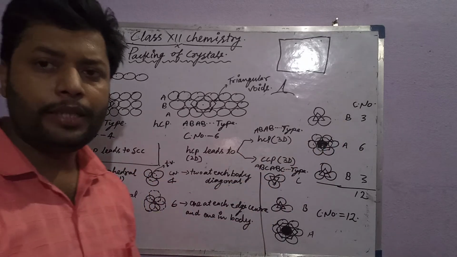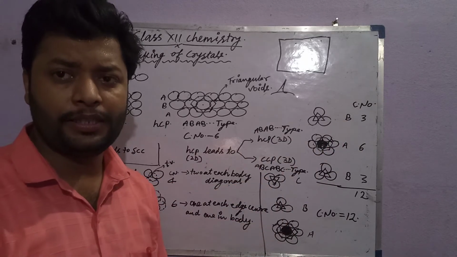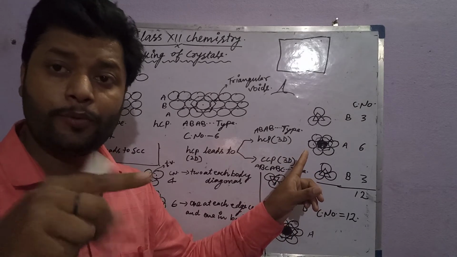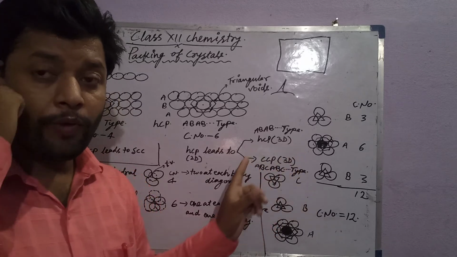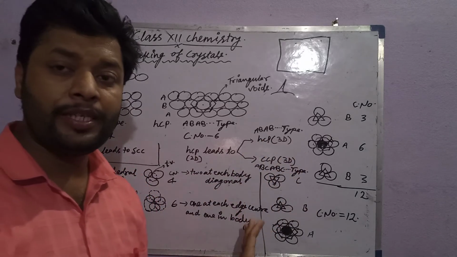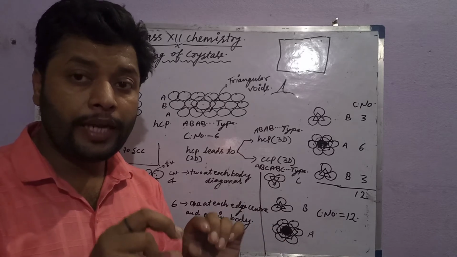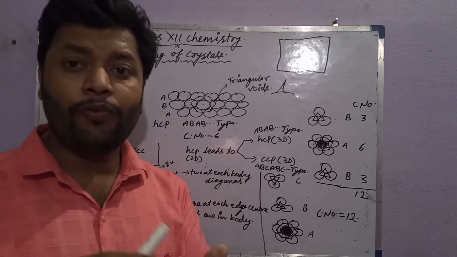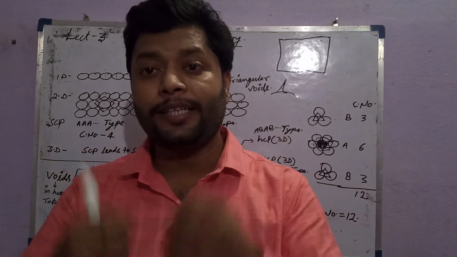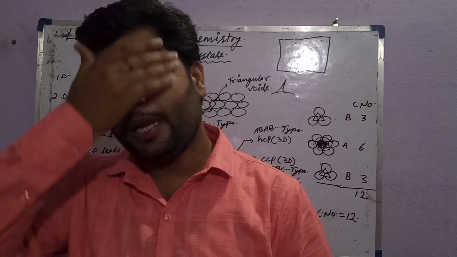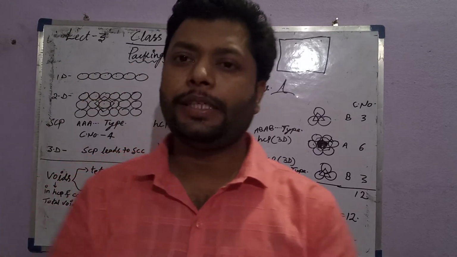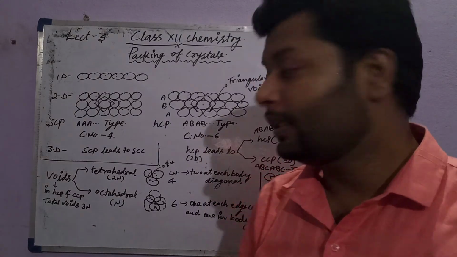That is important. There are 3 different layers in CCP, and only 2 different layers in HCP, with the same coordination number. Voids generated in both structure arrangements are called triangular voids. Now we have to learn how the triangular voids are occupied by different particles and what the names of these particles are. Class, basically I am concluding the things.